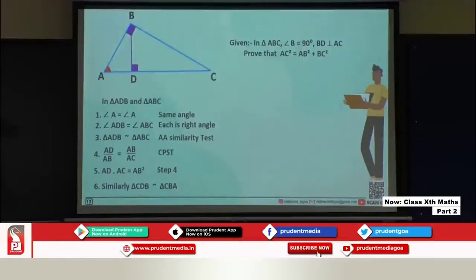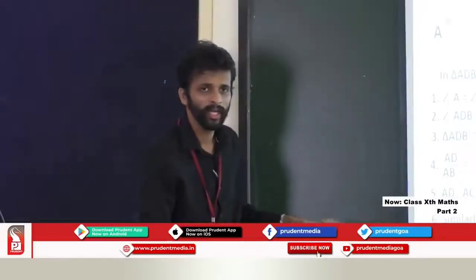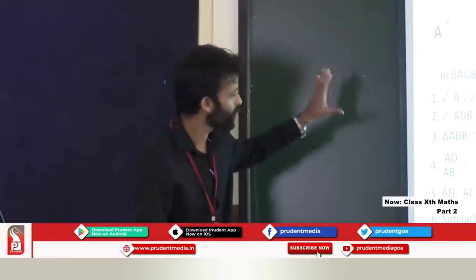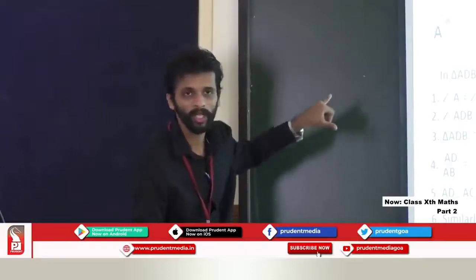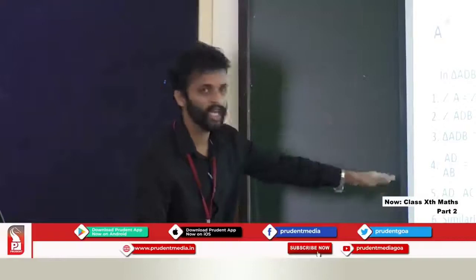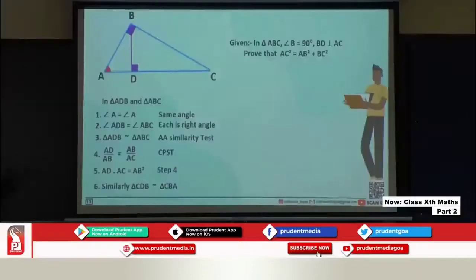Now because I have written the word similarly, it is trying to tell you that whatever I have done from step 1 to 5, the same thing proves here. That one word, similarly, just tries to tell you that this is what you have to remember.